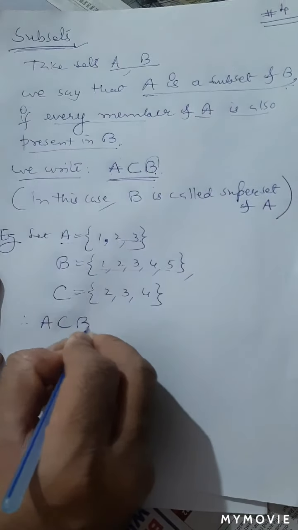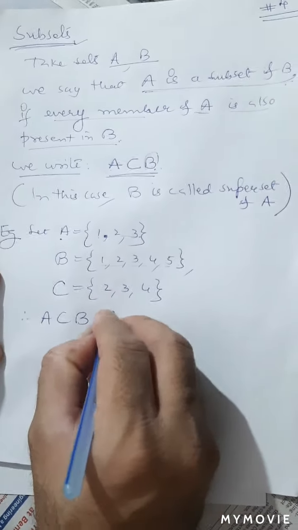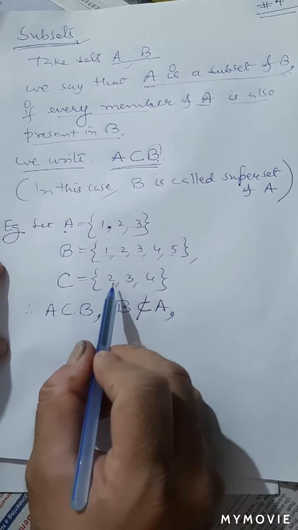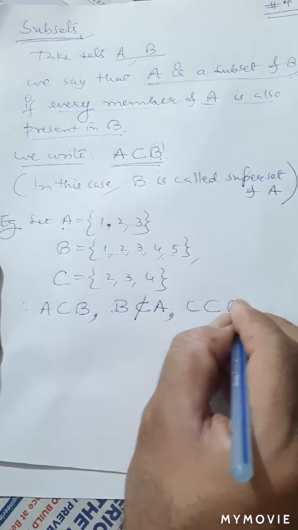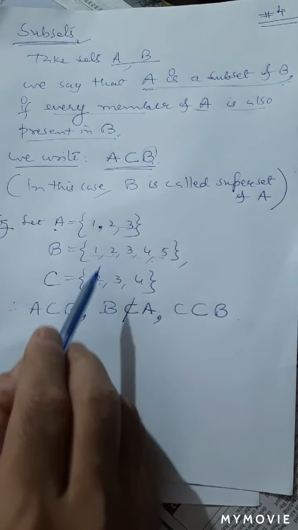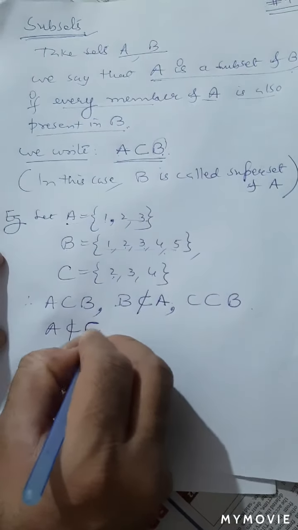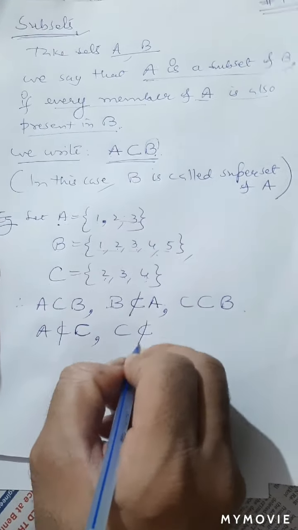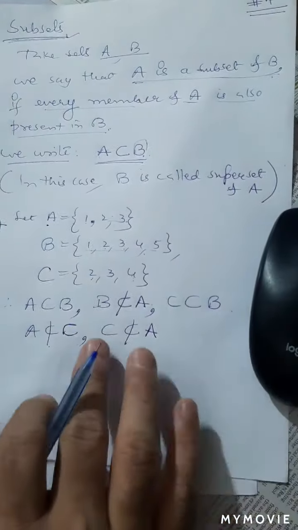So we say that A is a subset of B. Now, every member of B is not in A, so B is not a subset of A. 2 is in B, 3 is in B, and 4 is in B. So we say that C is a subset of B. Now, 1 is present here, but 1 is not present here. So therefore, you can say that A is not a subset of C. 4 is present here, but 4 is not present in this. So C is not a subset of A. So this way we write the subset and not a subset relation.